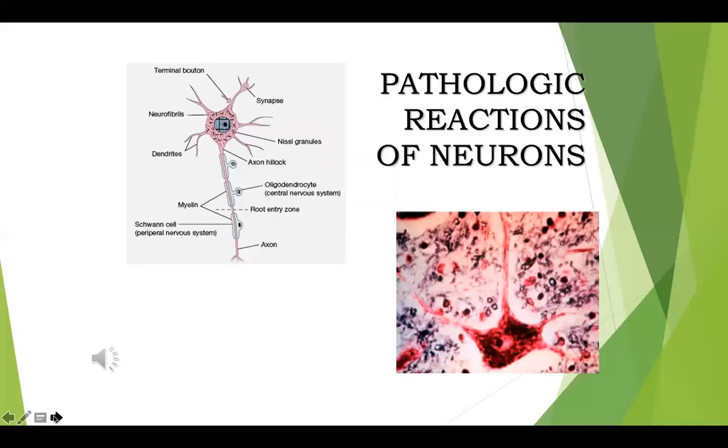Now let's look at the different pathologic reactions of the neurons to injury. On the left of your screen is the diagrammatic representation of the neuron. So you have the neuron cell body and the dendrites coming out of the cell body.